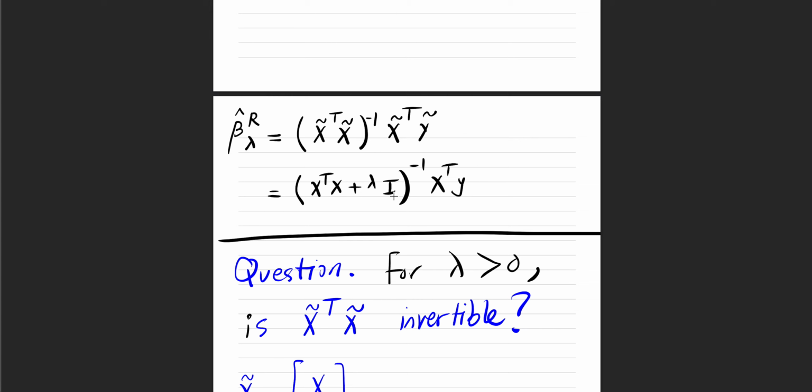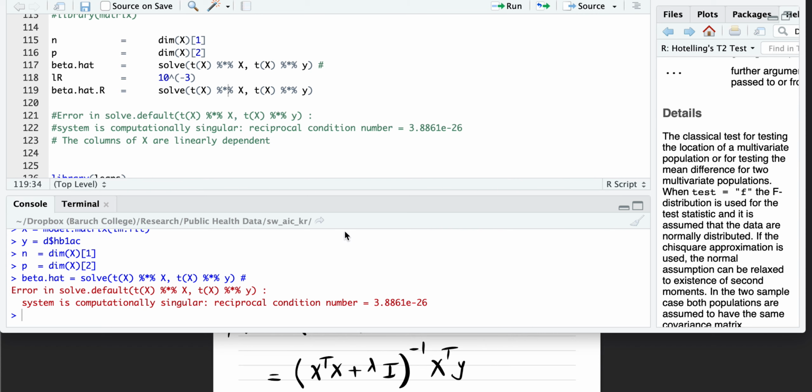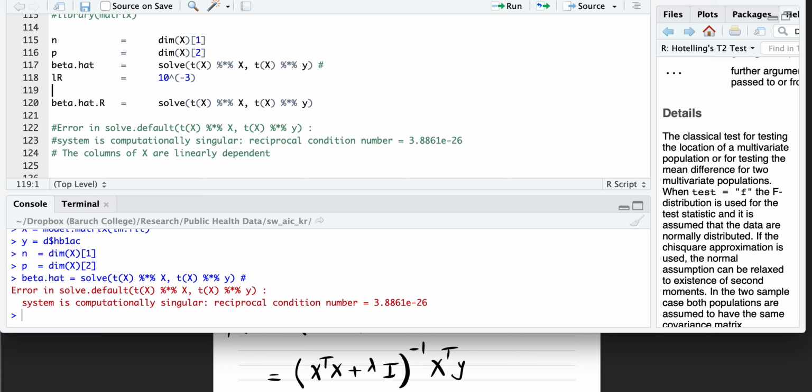I need to add a lambda identity. So you see this lambda identity. All I need is to add this here. And this identity, what are the dimensions of it?